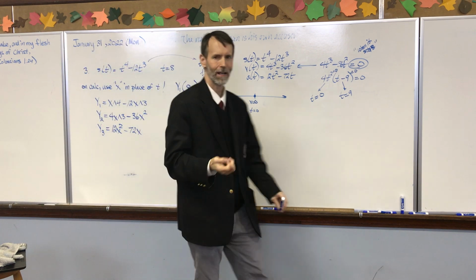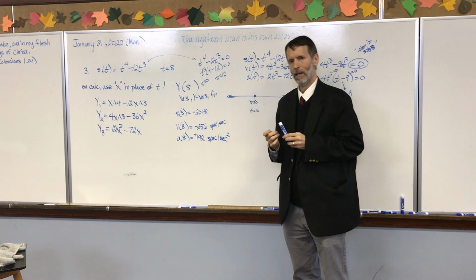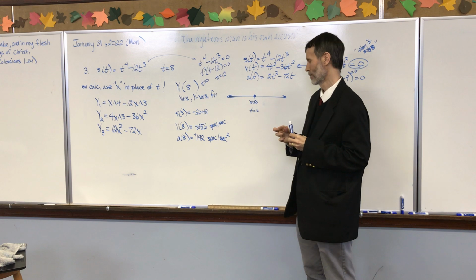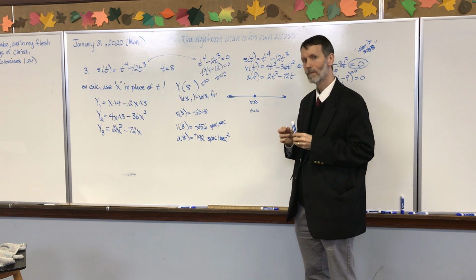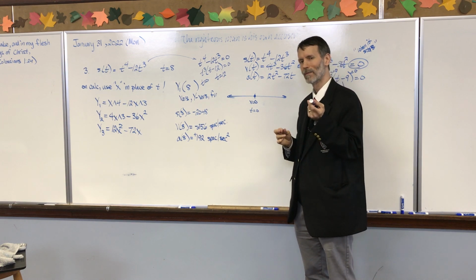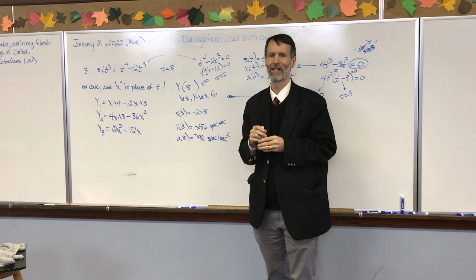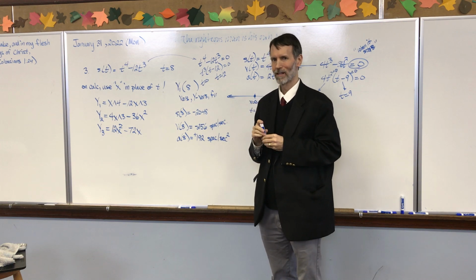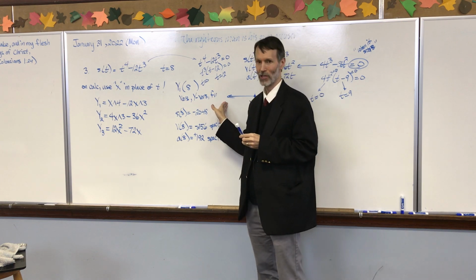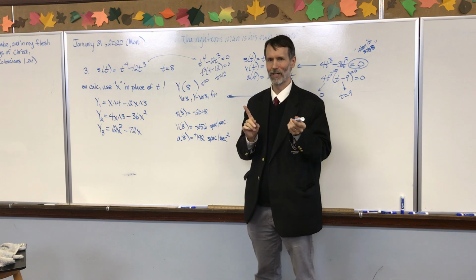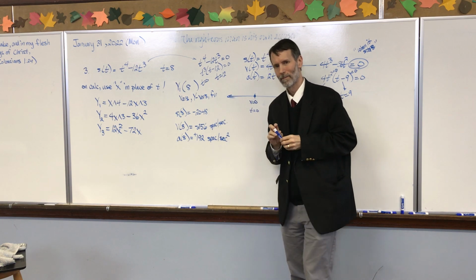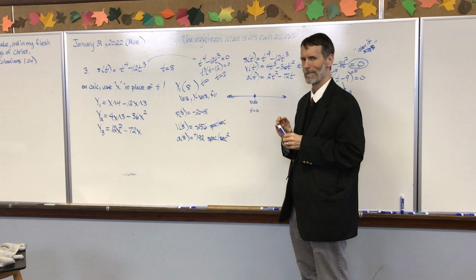Pete, how do you do that? Could you just plug in... plug what in? After 1 second. Plug 1. So it was at -11 position. How fast is it going at that point? How would you find out?